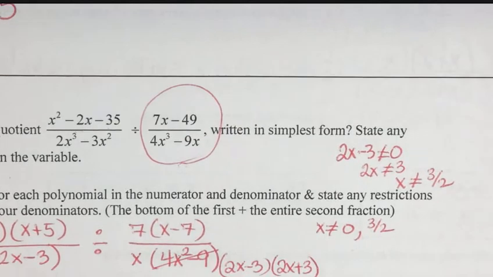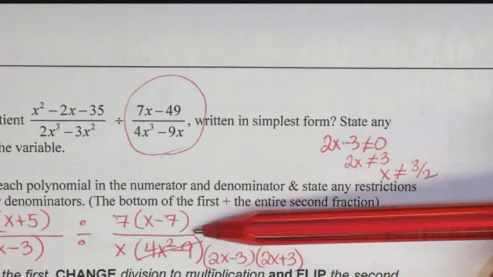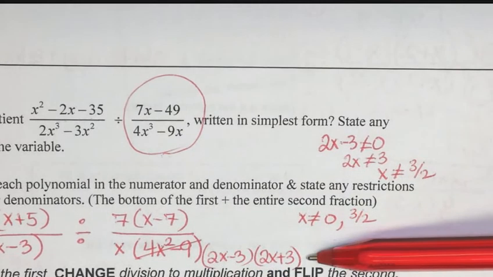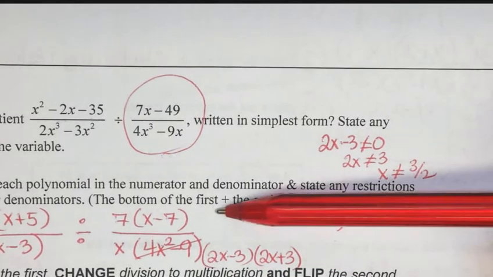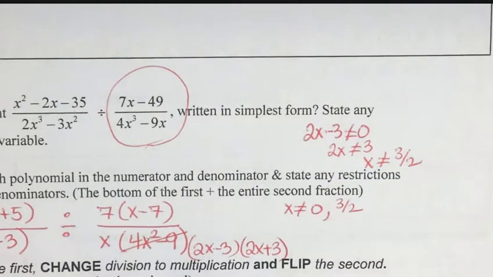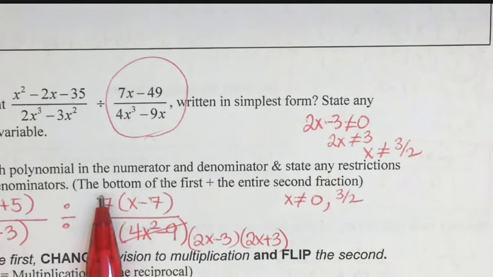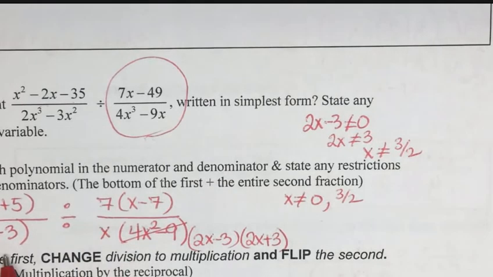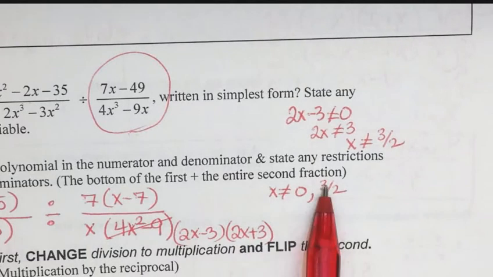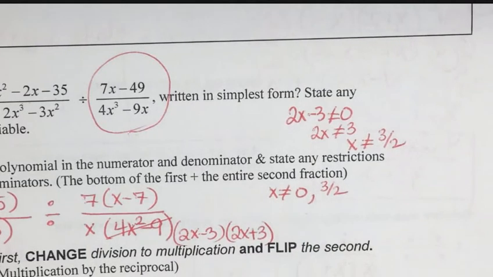So not only do I need restrictions from the original denominator of the denominator, I need restrictions of the numerator from the denominator. How crazy is that? So I need to do the restrictions on the bottom of the first, that's this guy, and the entire second fraction, because the whole second fraction is really what I'm dividing by. And if any part of it is 0, I'm in trouble.